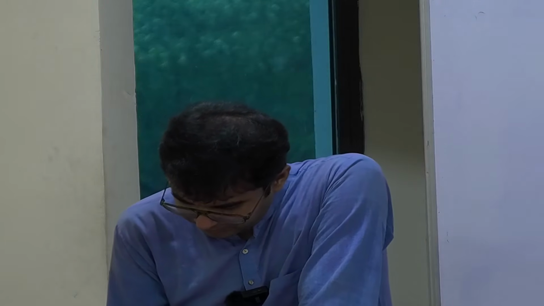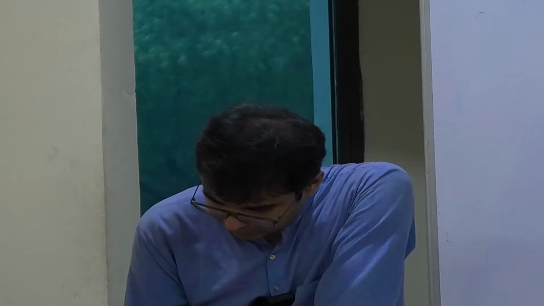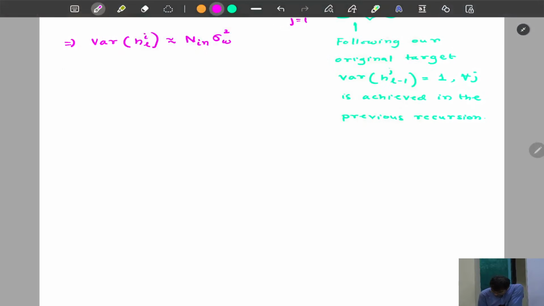And now what do we want? Now the target is where variance of h L i equal to 1. This is our target. Now at this layer I need to establish this. Previous layer was recursively achieved, but now I have to ensure this for the current layer.